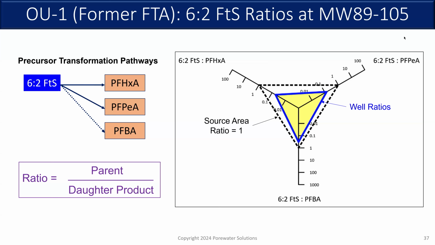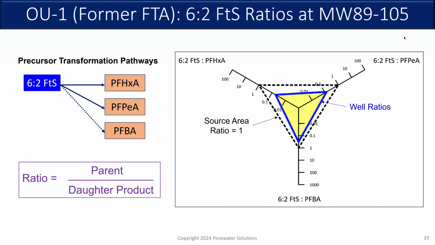And we can see in the source area, the ratio is typically about 1 for all three of these axes. And yet at the downgradient well, downgradient of where oxygen was injected, we can see the ratios, like for example, the PFHxA ratios drop by more than an order of magnitude. A little bit smaller decline at PFPeA, and then the smallest decline of PFBA.